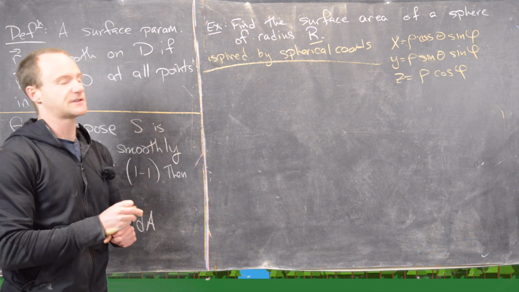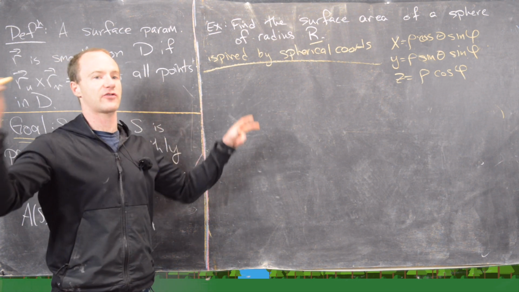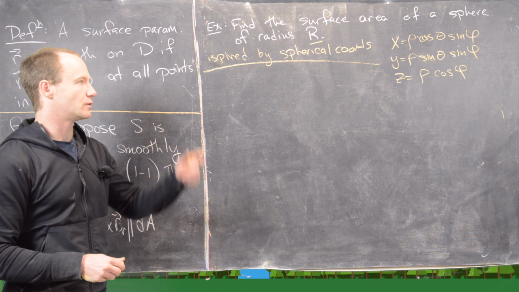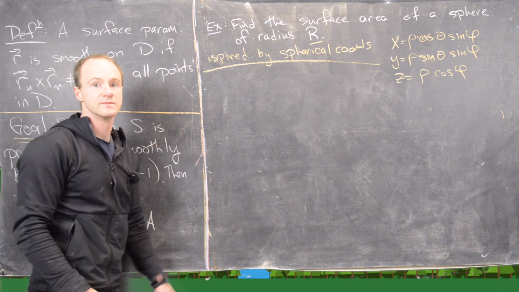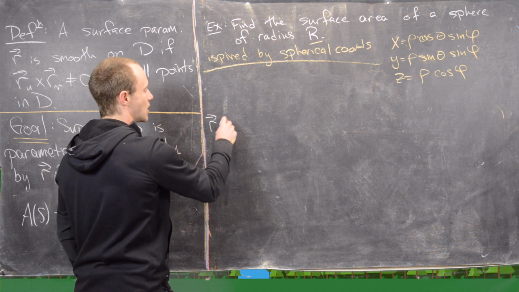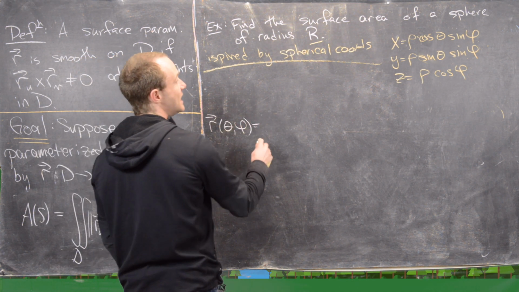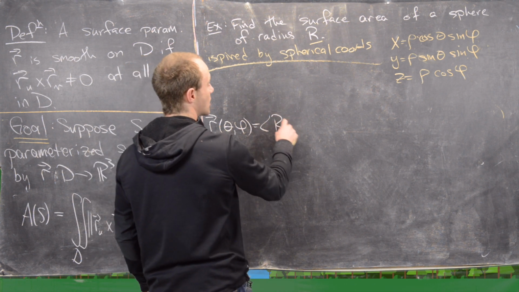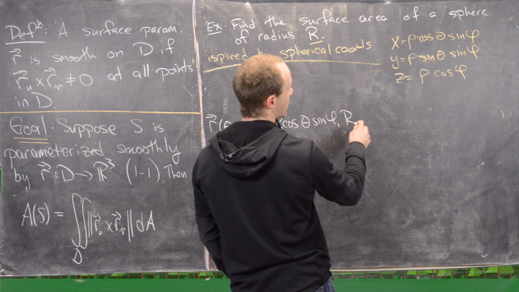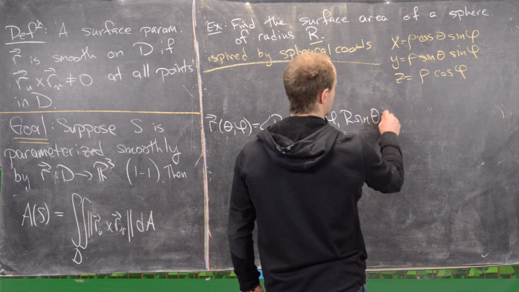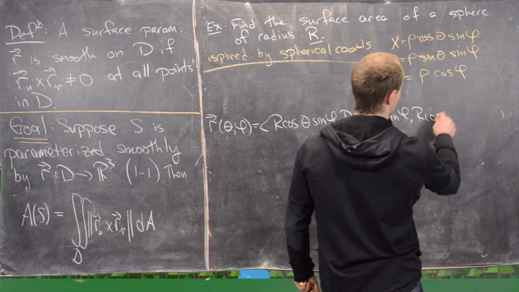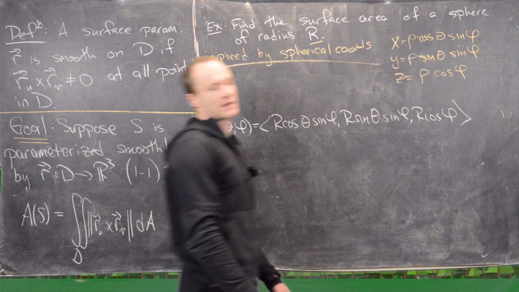Generally, spherical coordinates will give you the entire 3-space, but we want to stop that at a sphere of radius r. So we'll set rho equal to r, which means our function that parameterizes the sphere can be given by r, a function of theta and phi: r cosine theta sine phi, r sine theta sine phi, and then finally r cosine phi. So we've got something like that.